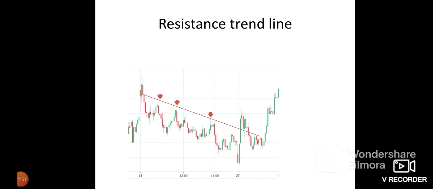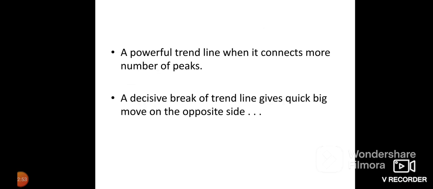You can clearly see there, a powerful trend line is one that connects a larger number of peaks. There is no hard rule about how many times the price peaks should touch the trend line. A powerful trend line can have any number of touches.